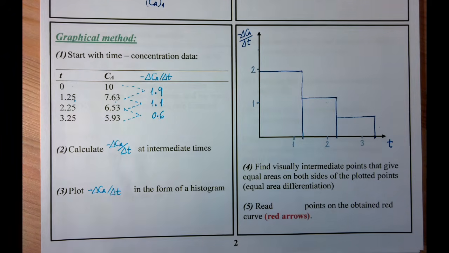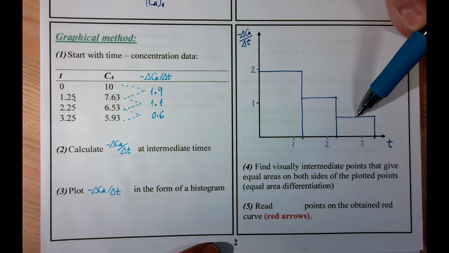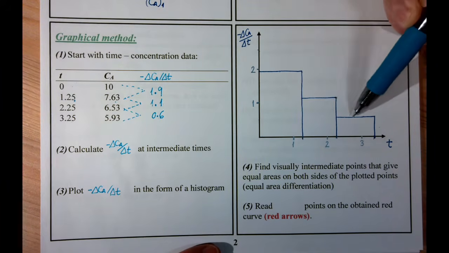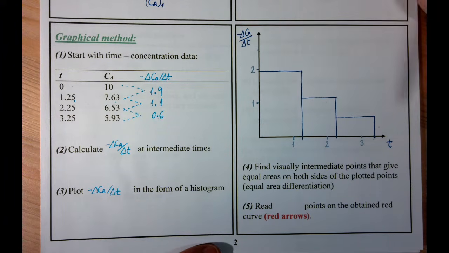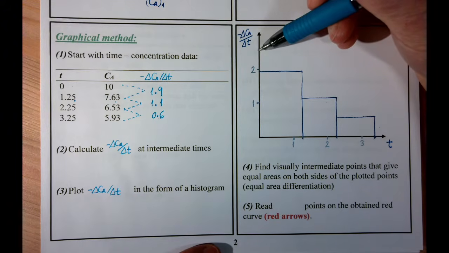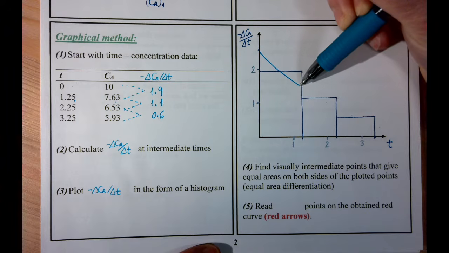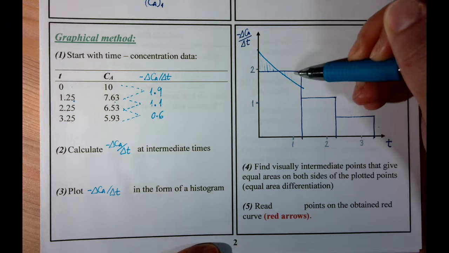Now, next you want to visually find intermediate points on your rectangles, where if you draw a curve through those points, the area on each side of that curve is going to be the same. In other words, I want to draw a line where if I go from here to here, this area is the same as this area.